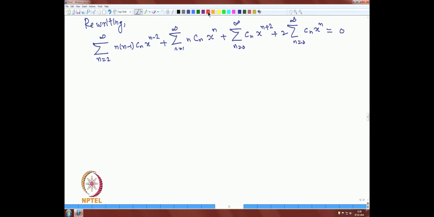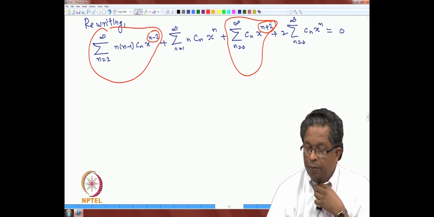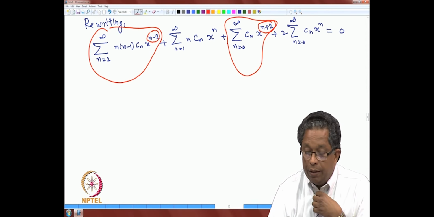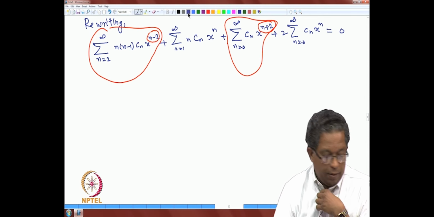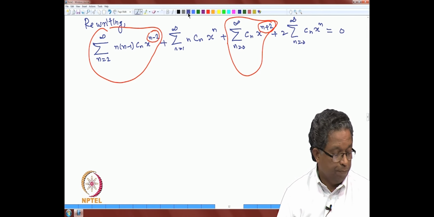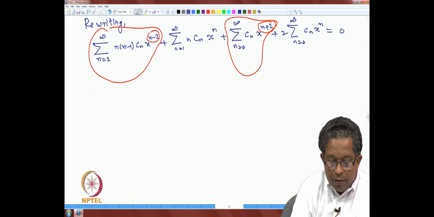Now, look at the first term and the third term. In the first term, the exponent is n minus 2, and in the third term, the exponent is n plus 2. We want to make all the same uniform index, x to the power n. So, we can rearrange as follows.